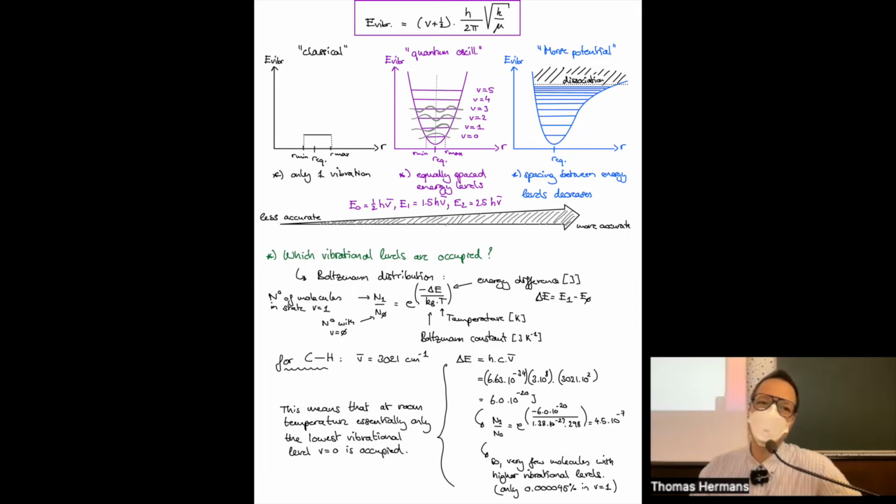So we're going to continue in comparing these different ways of describing the vibrations. And okay, again, I'm going to cheat. Yes, sorry. I have to cheat because otherwise it takes too long.